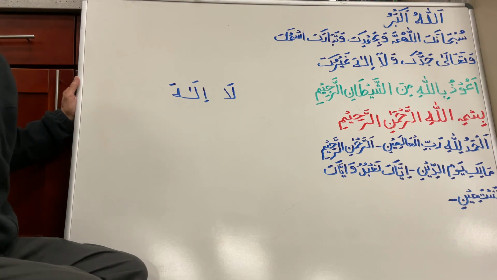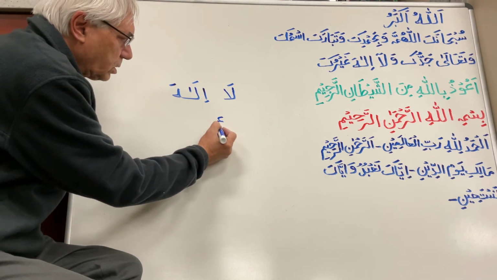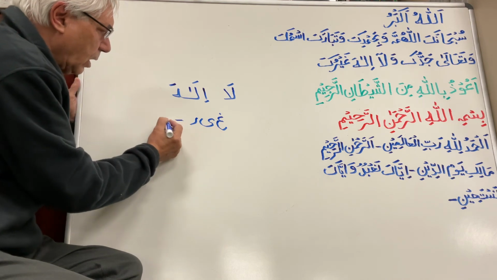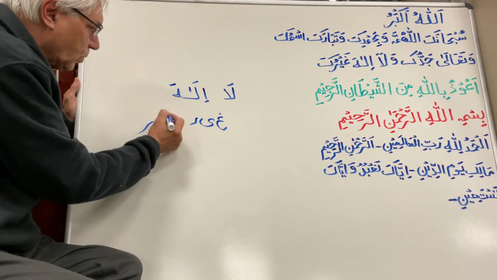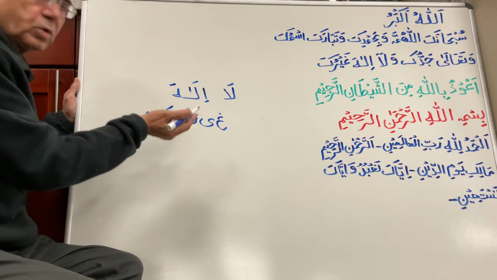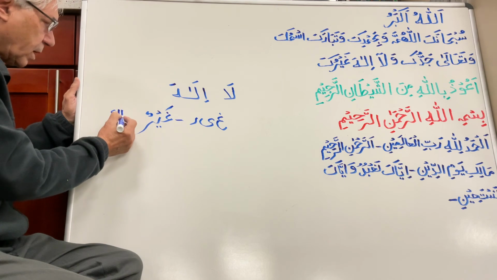We are denying the existence of any deity right now, except. The next word is ghain, ya and ra. The noun is ghairun. Ghairun means other. We use this word in Urdu also. Ghair means other. Someone who is not yours is ghair.